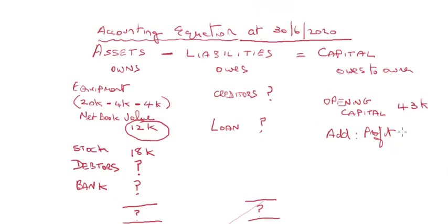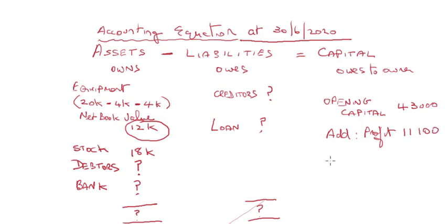I'll do the full figures here, I just won't use K because I need to show the whole thing. So 43,000 was the opening balance. The profit was 11,100.